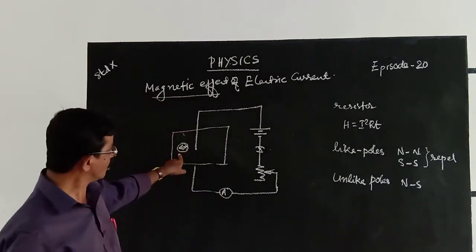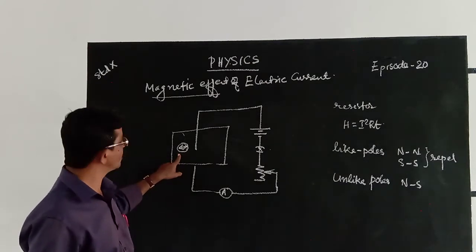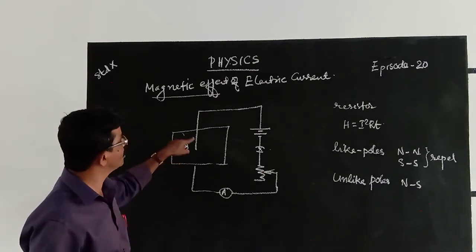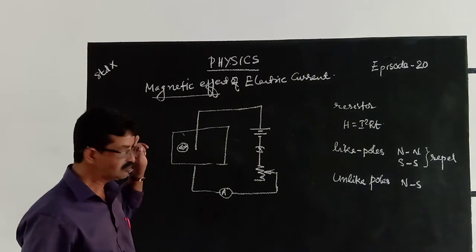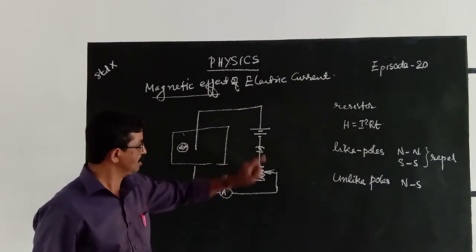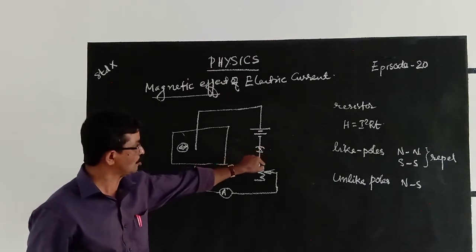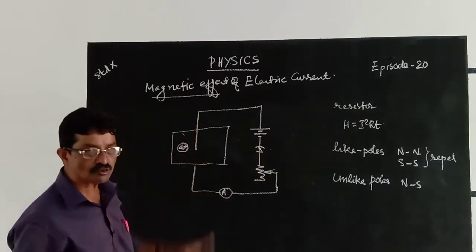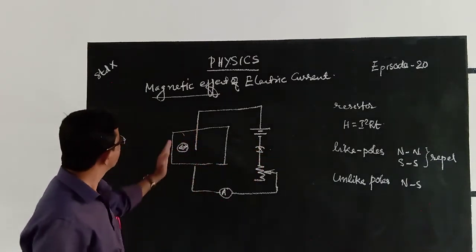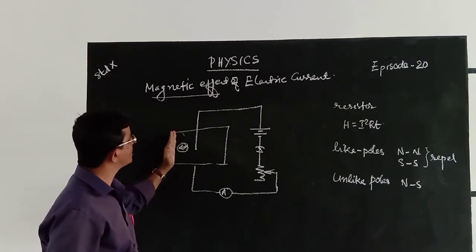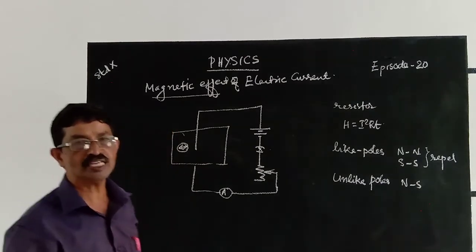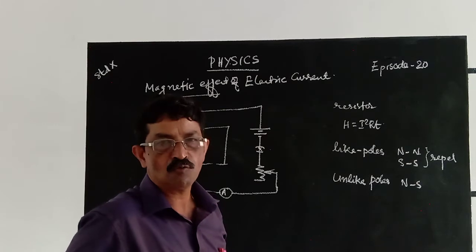Here, this magnetic compass is directed in the north-south direction. When we put the key in the plug key, that means the circuit is on, and current flows through it. Then this magnetic compass deflects. Why?